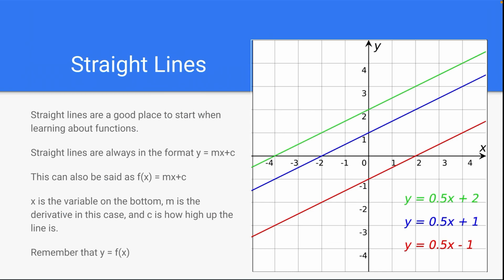It's a great thing. x is the variable on the bottom, m is the derivative in this case, and c is how high up the line is. Remember that y equals f of x. So here you can see that in the graph all the slopes are 0.5, because that's just the rules.